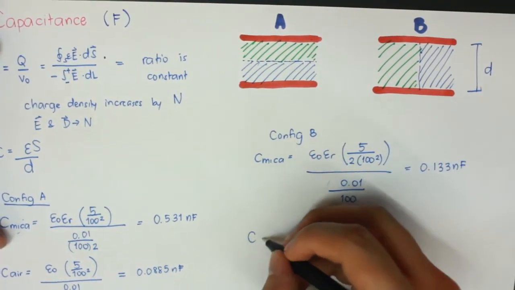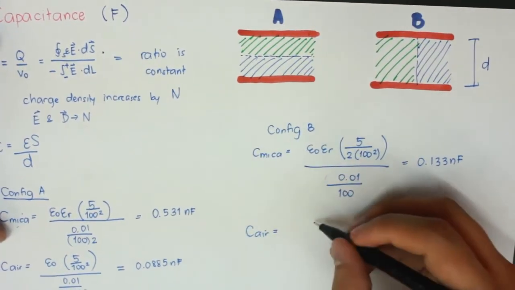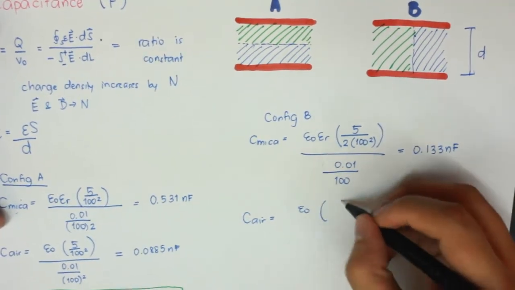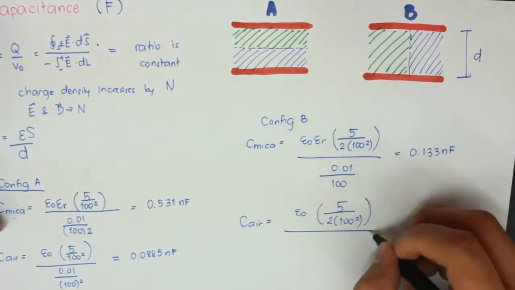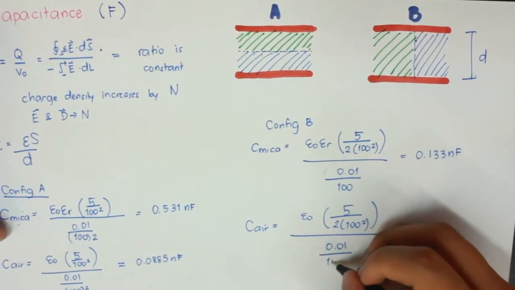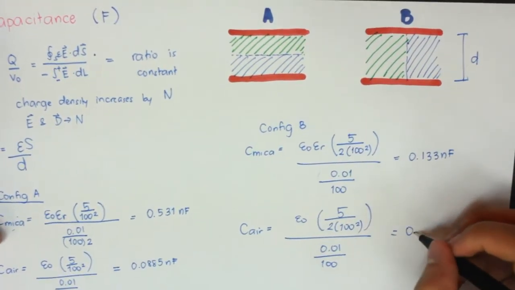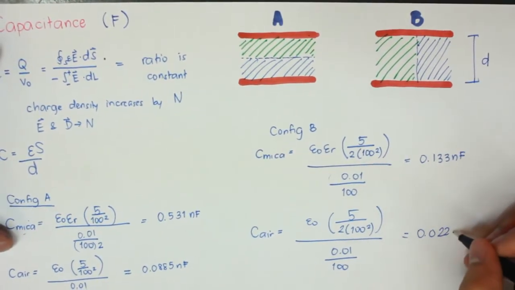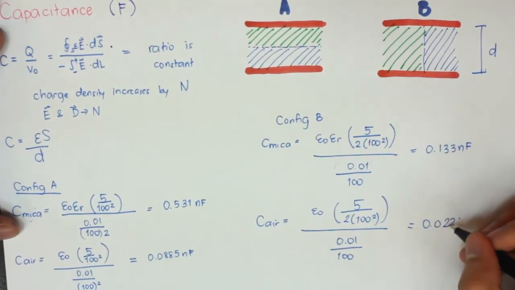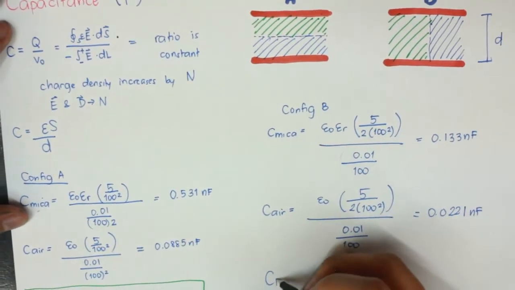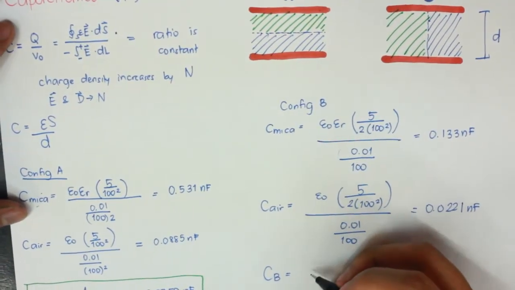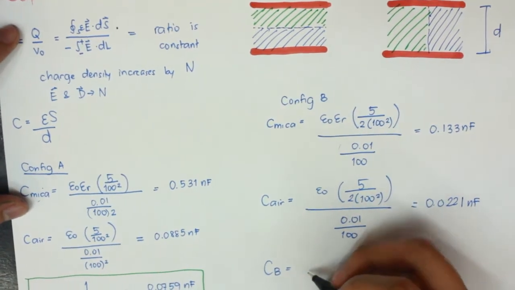And again, yung capacitance ng air, epsilon naught, 5/2 times 100 squared, 0.01/100. Which gives us 0.0221 nanofarads. Therefore, the total capacitance for configuration B, yung parallel capacitances lang.